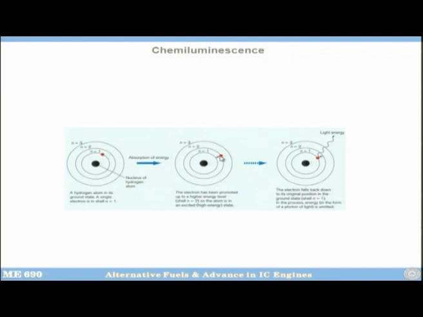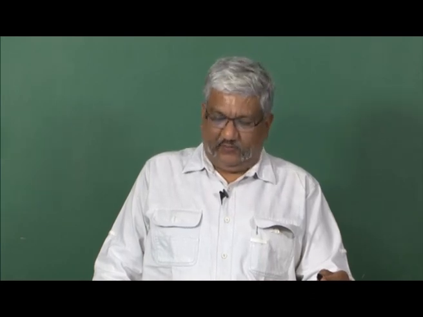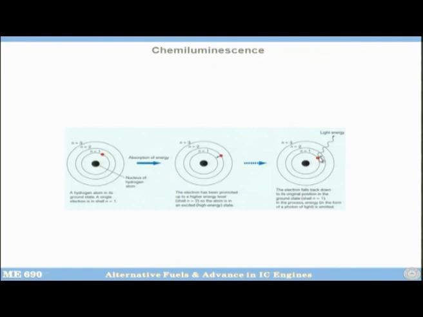This will go to higher orbit, right, and it will remain in the higher orbit for some time, and then spontaneously it will come back to the lower orbit, because the tendency of the universe is to remain in most stable condition, lowest energy format, right. And so, once it comes to the lower energy format, there will be emission of light photon, and the wavelength and the frequency of this light photon will depend on the difference in the energy level of these two states, right.